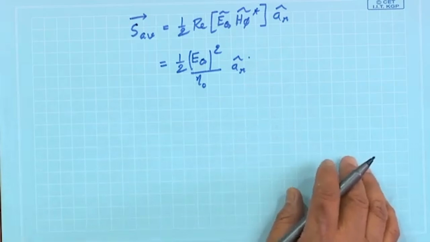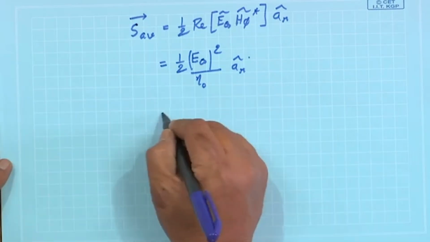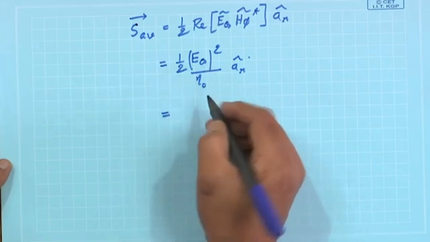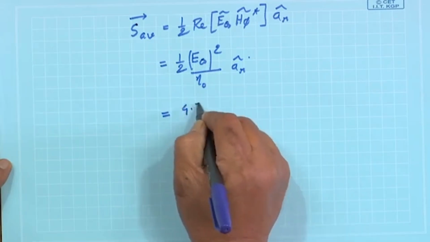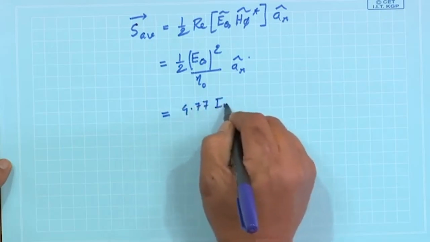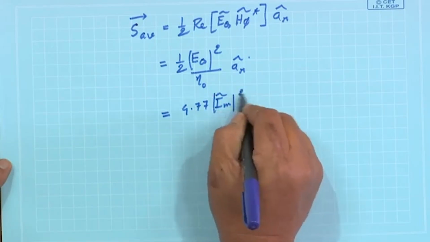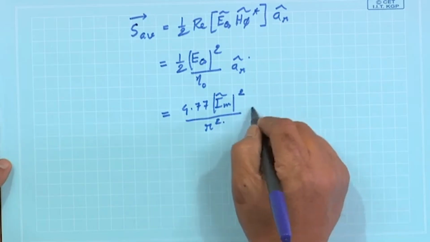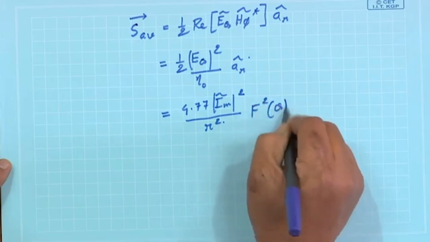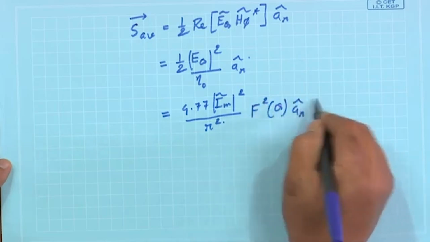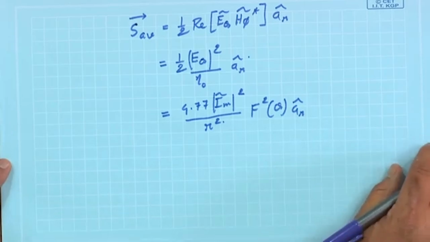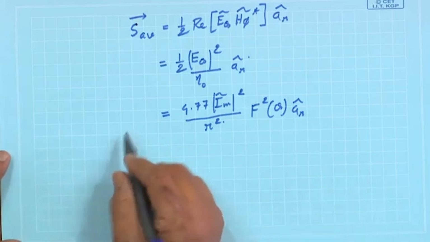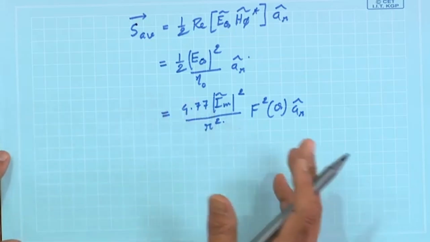Now if we put the value of this E theta, this will turn out to be 4.77 Im square by R square f square theta a_r. Now, if I want to find the total radiated power, this pointing vector is the power density.